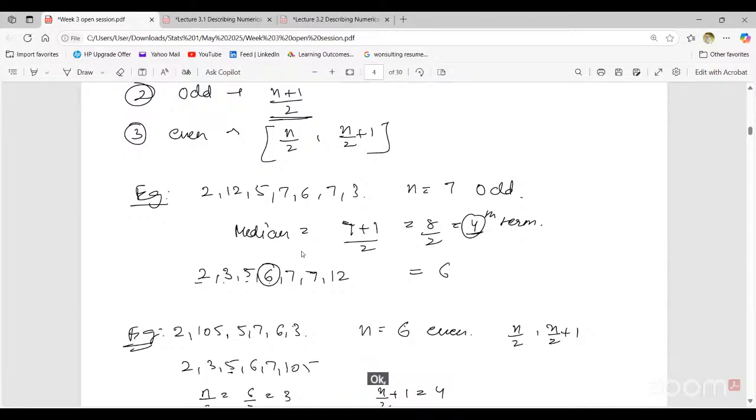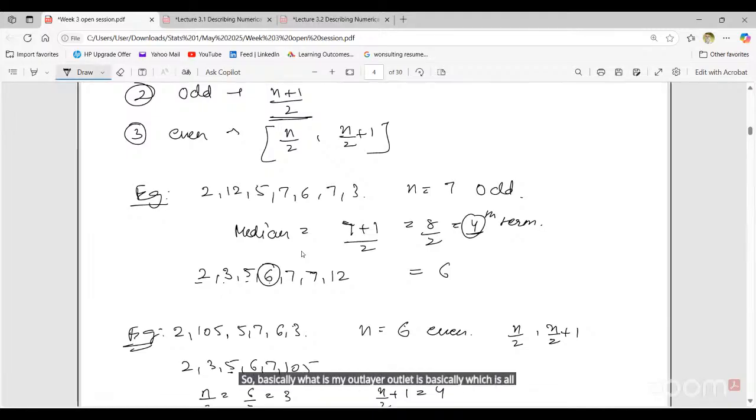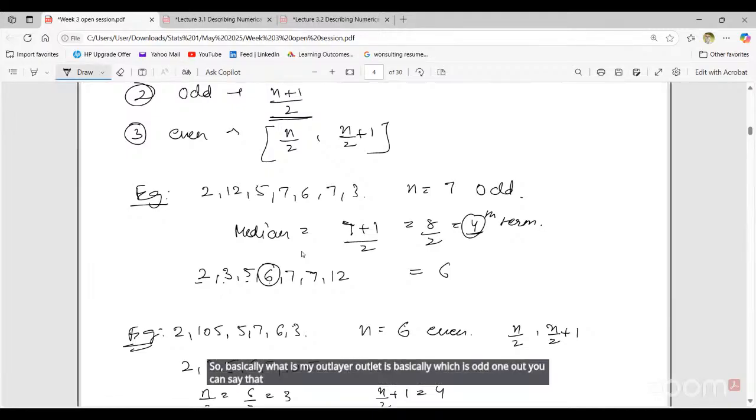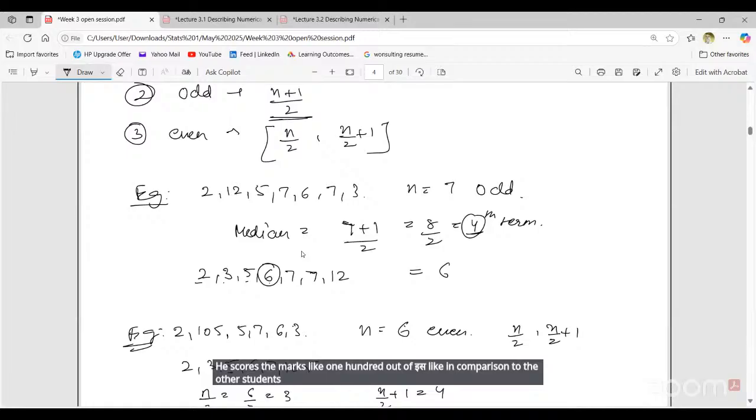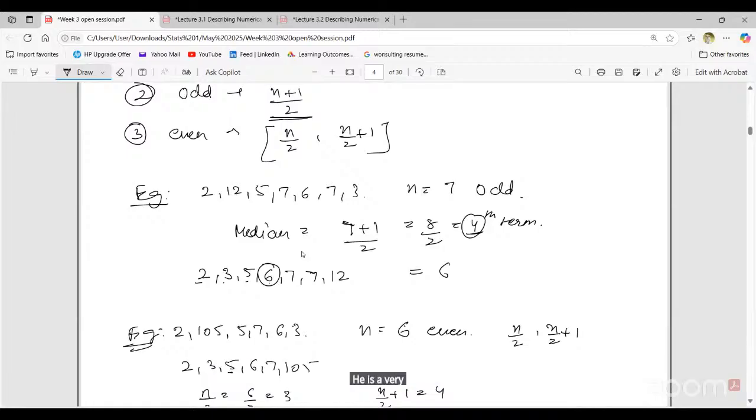Okay, so basically, what is an outlier? An outlier is basically the odd one out. Let's suppose in a class there is one student who is very brilliant. He scores marks like 100 out of 100 in comparison to the other students. So that person is like an outlier. He's a very different student, right?